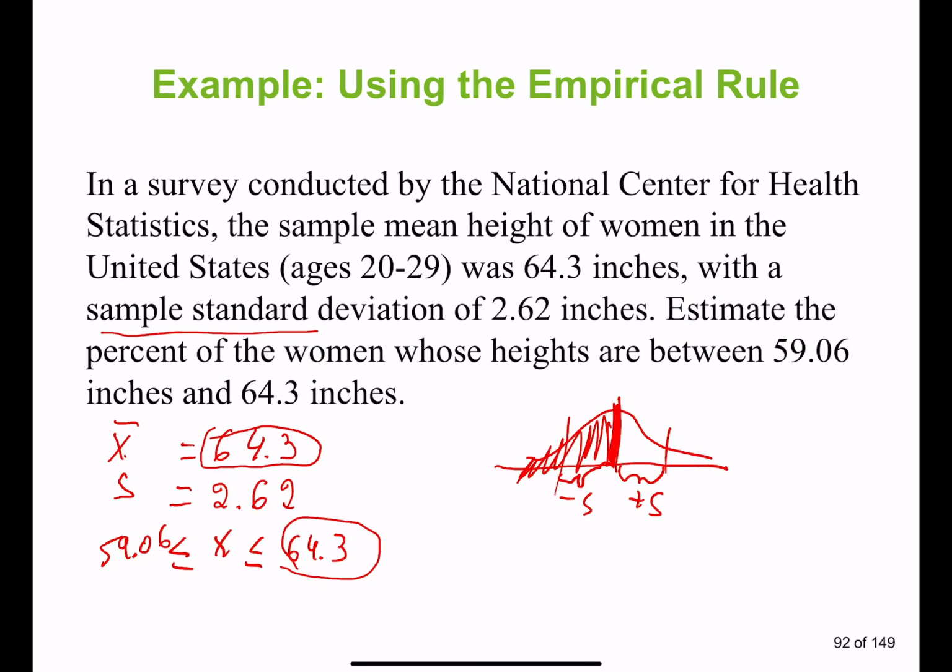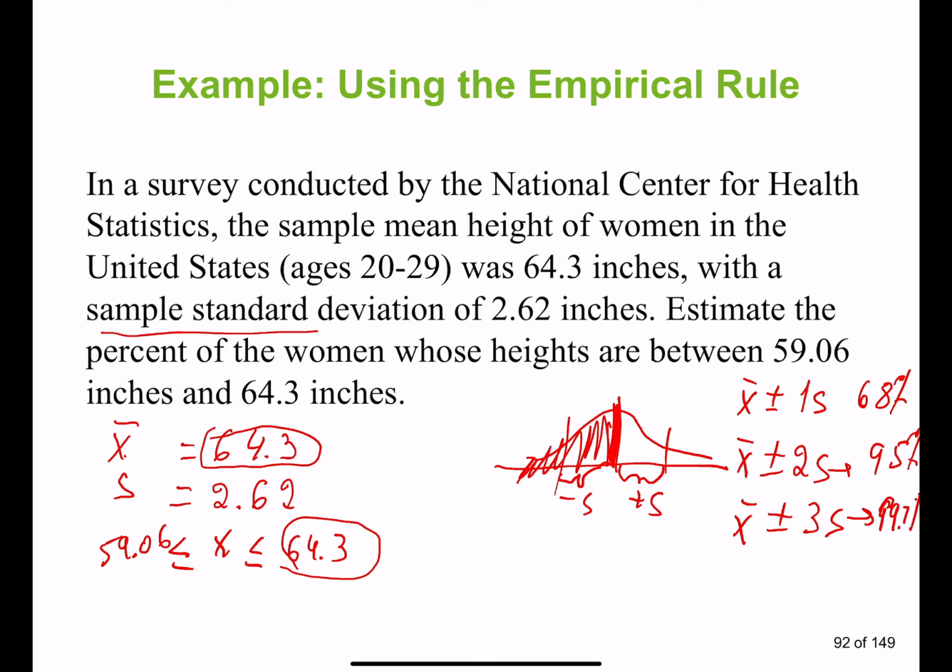The way I would solve it: remember we said x bar plus minus 1 standard deviation is 68%, x bar plus minus 2 standard deviations is 95%, and x bar plus minus 3 standard deviations is 99.7%.